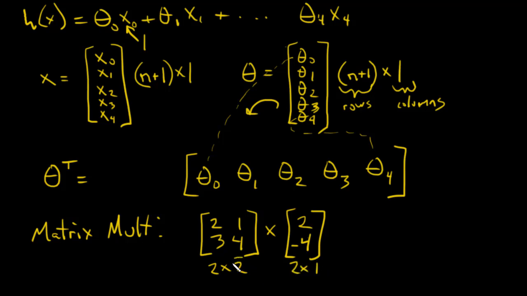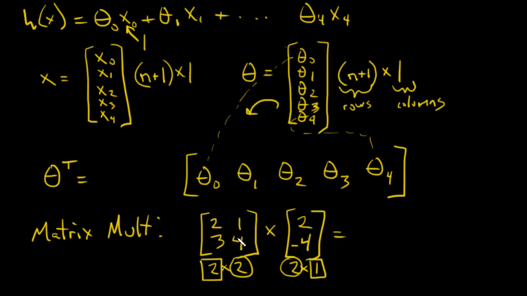As long as the interior numbers in a multiplication match, you can multiply them, and the result is always going to be the outermost values for the matrix size. So this should wind up being a 2 by 1.